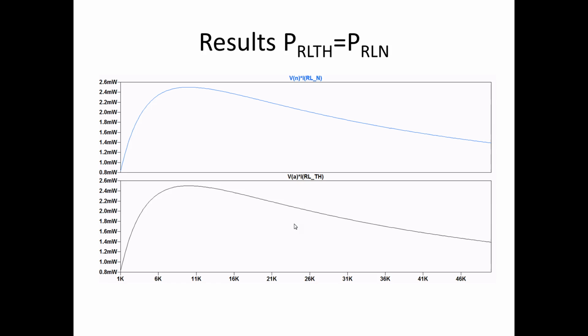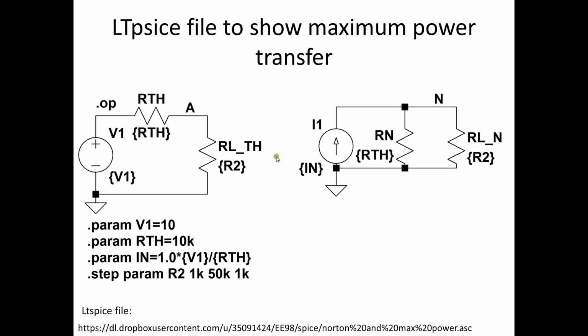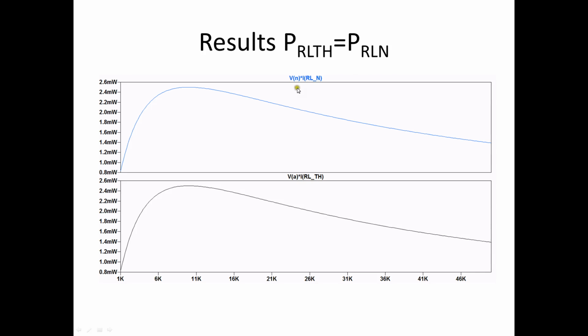Well, let's look at the power. Now, up here in the title, I had VN before, and I just click on that title and I can type in the current times RL Norton. And over here I can type VA times RL Thevenin, because LTspice will give me these currents automatically. I don't have to calculate it and then substitute it. It's right in there.